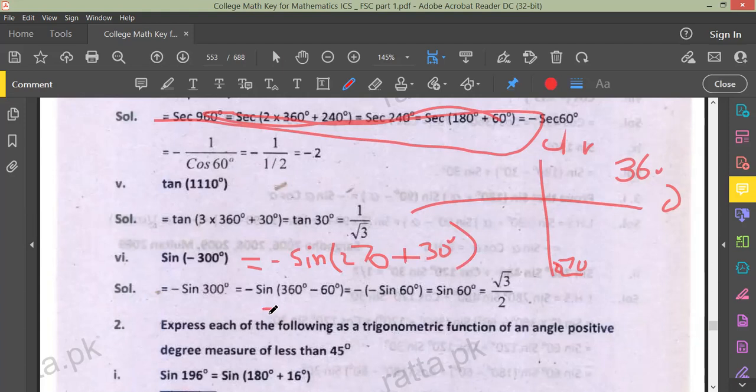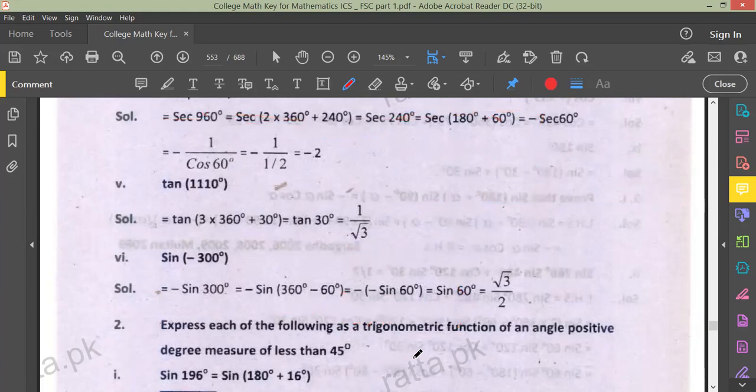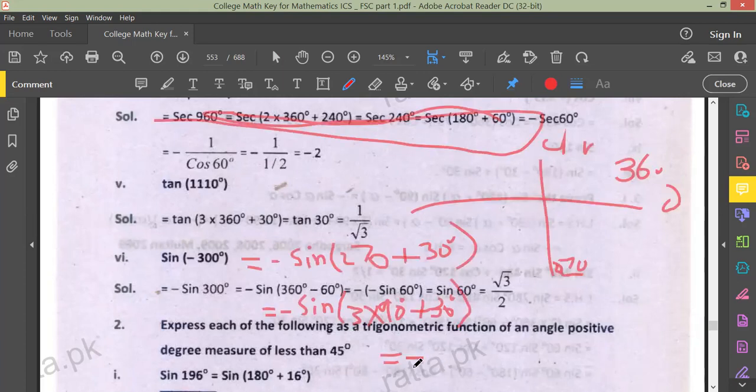So after simplification, this will become minus sine, because 270 is an odd multiple of 90. You can write it as 3 multiplied by 90 plus 30. So this will be equal to minus, and sine will be converted into cos, and this will become cos 30, because sine of 300 is in quadrant number 4.